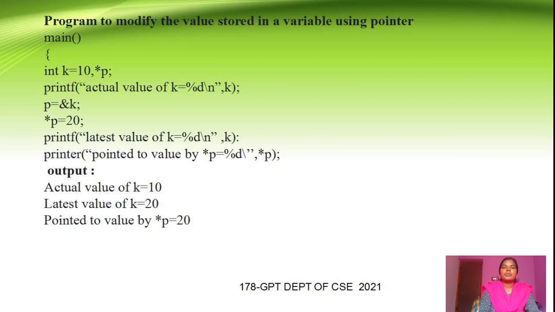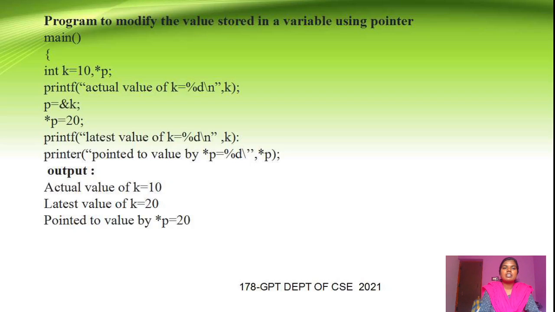Next we shall see an example program to modify the value stored in a variable using pointers. First let us consider two variables, k and *p. k is assigned the value 10. First let us print the actual value of k, using %d, comma, k. Next we assign the address of k, that is &k, to p, and *p = 20.